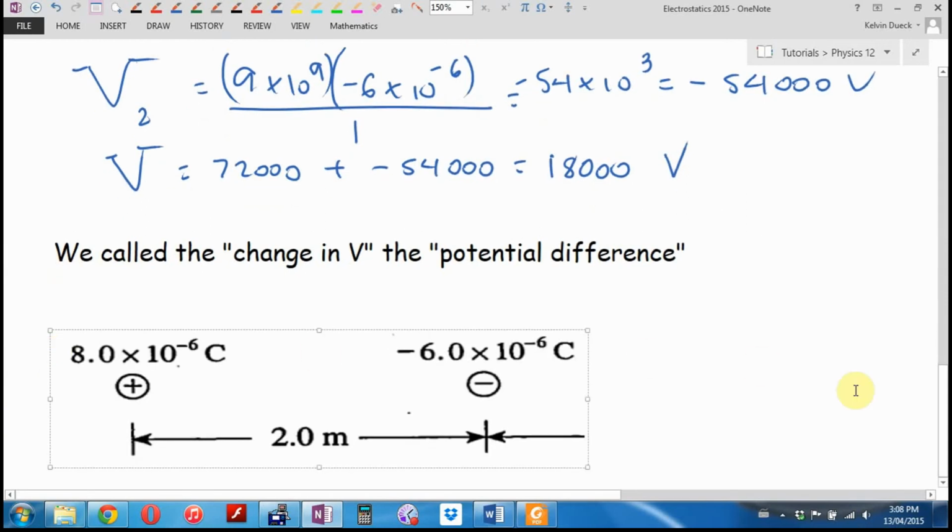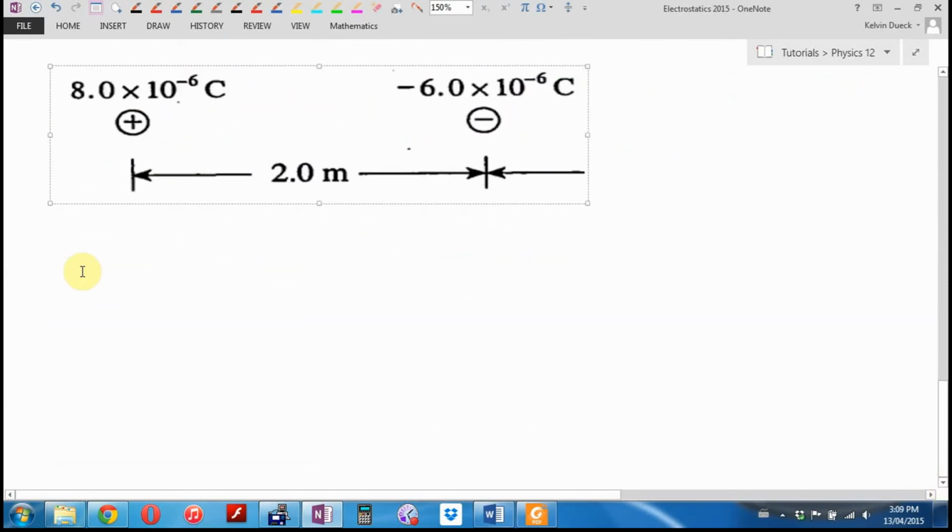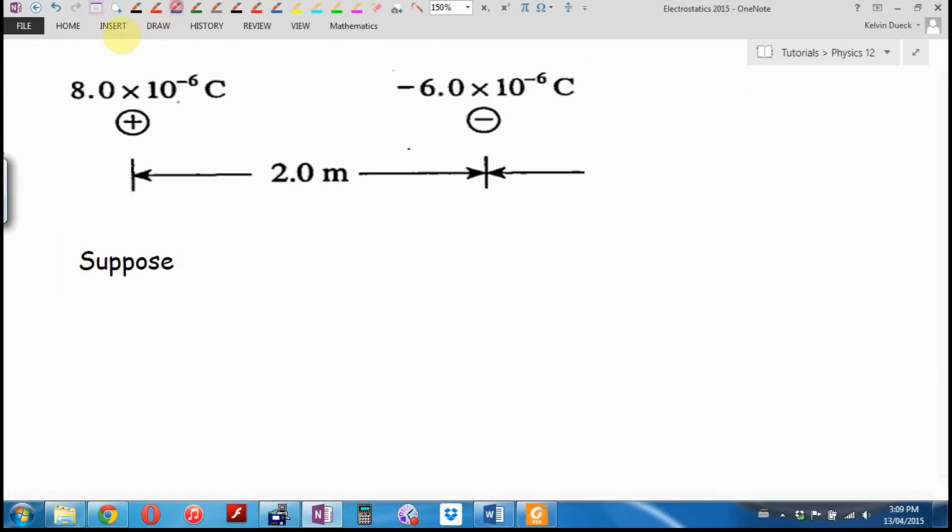Oh, same diagram. Suppose, let's label these charge 1, charge 2.